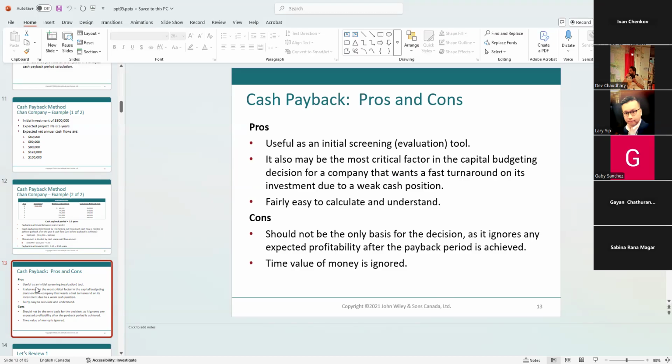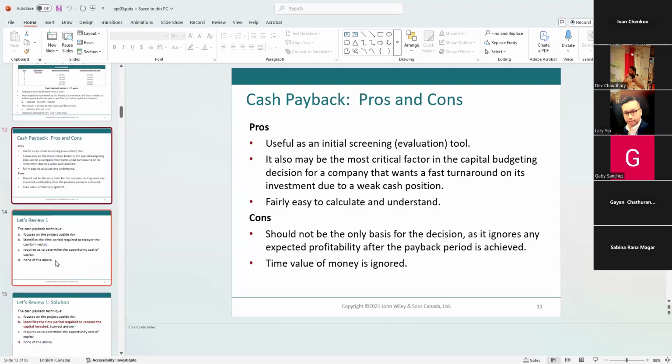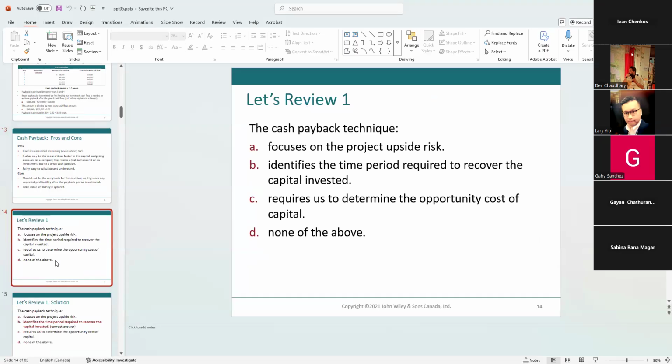Against this method, it should not be the only basis for decisions because it ignores the cash that's coming after the payback period. It also ignores the time value of money. So for those reasons, we can move to another one.